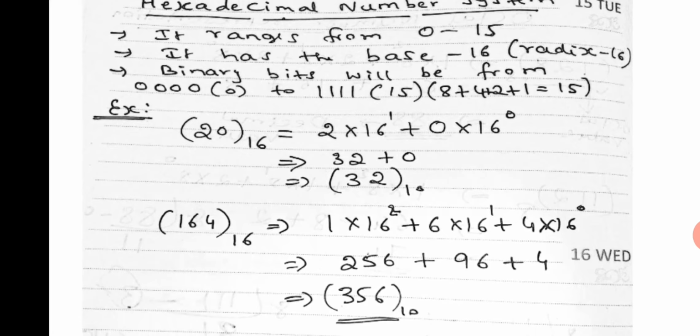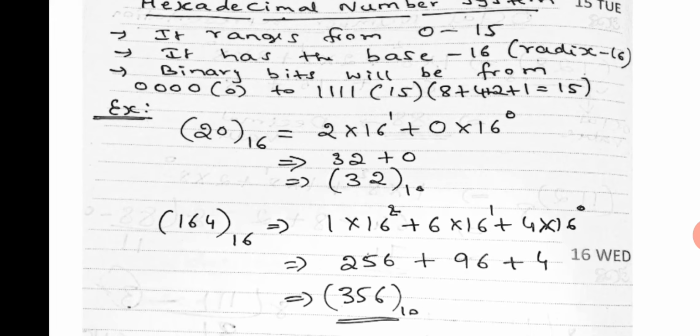I want to interpret that 164 in the decimal system, so you have to follow the same steps. Let us start from the right-hand side. It is 4 into 16 to the power 0 plus 6 into 16 to the power 1 plus 1 into 16 to the power 2. What is 4 into 16 to the power 0? It is nothing but 4 into 1.